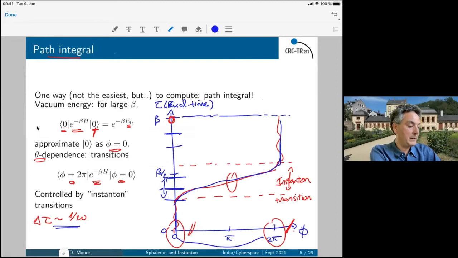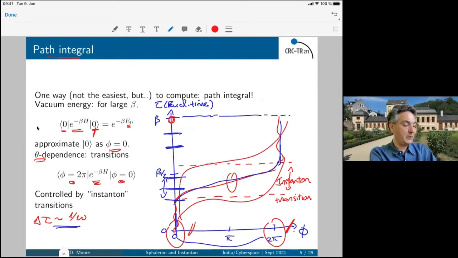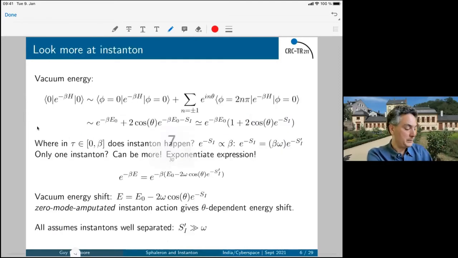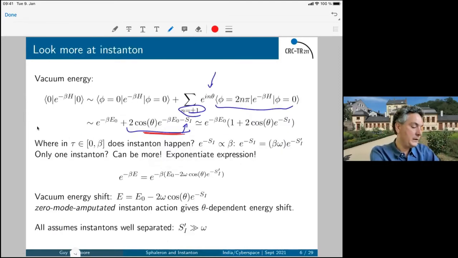It could have happened at this moment or at this moment. The curve I drew is one possibility, but it could have happened here, or here, or here. There's a single parameter for where that happened, which I'm going to have to integrate over, and my answer is going to be linear in that parameter. So this quantity is linear in beta, and after I divide out that linearity I'll name the remainder S_I prime, which is independent of beta.